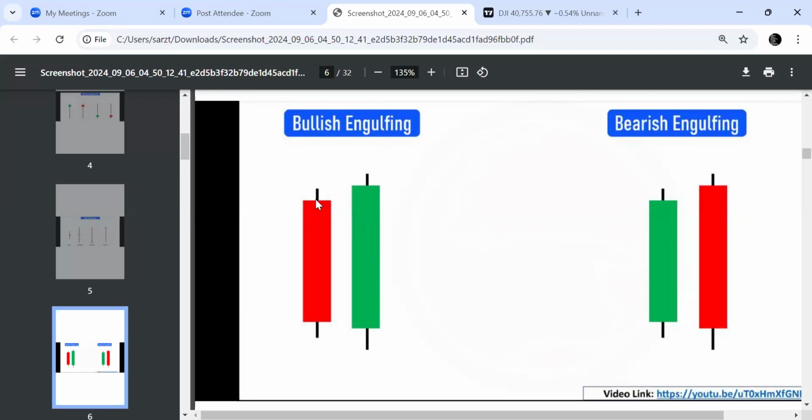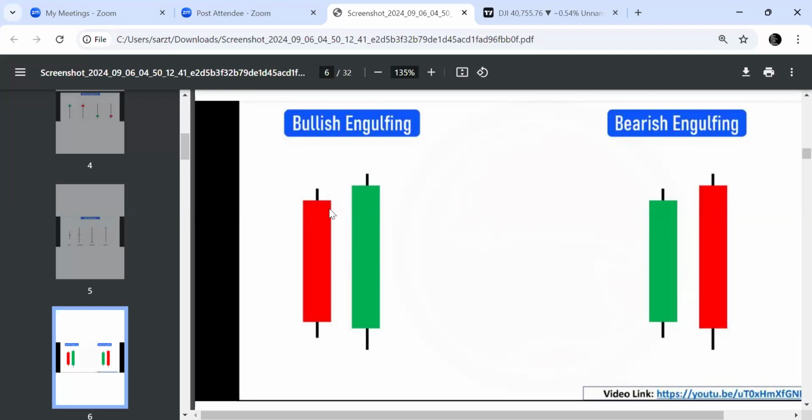So if you consider it a 15-minute time frame, before the 15 minutes end, it is still bearish, still in red color, but the buyers gained momentum and raised the price so much that this green candle covers the entire red candle.